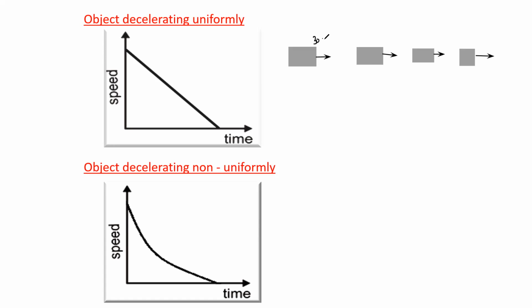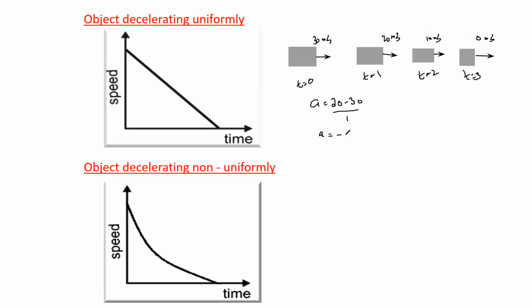So it was, for example, 30, then 20, then 10, and then 0. Here the time was 0, then time is equal to 1, time is equal to 2, and time is equal to 3. So when we calculate the deceleration here, it will be final minus initial divided by time.